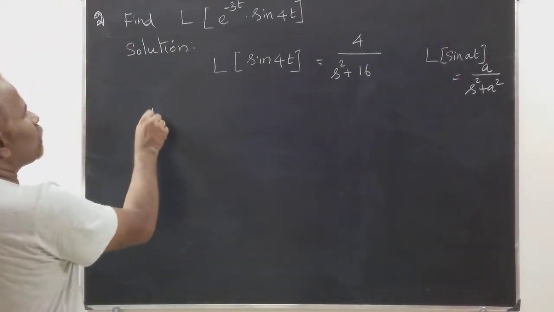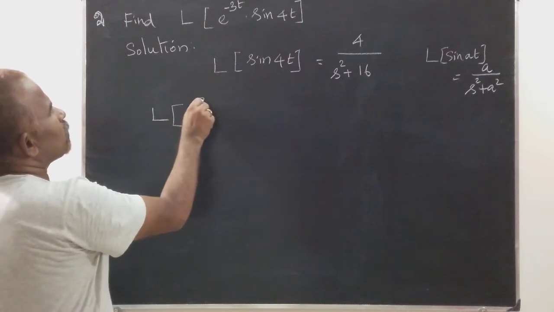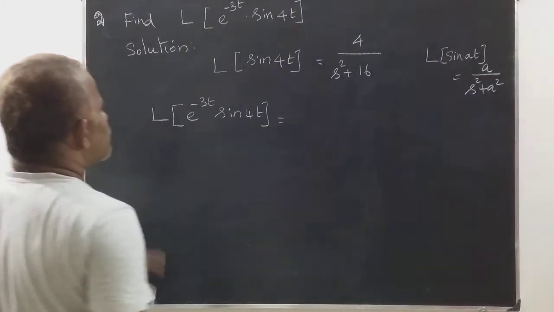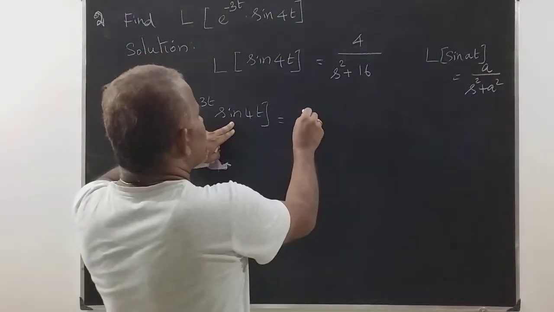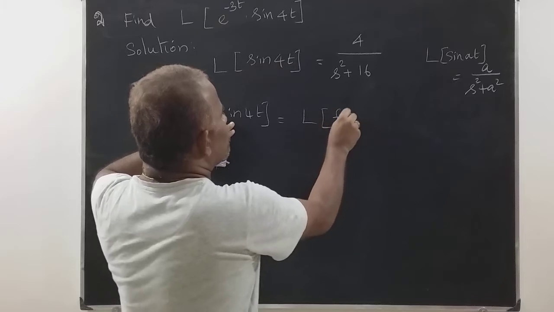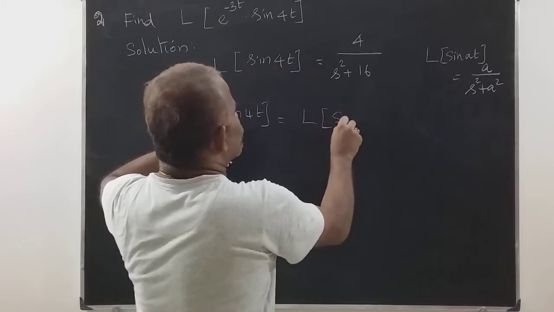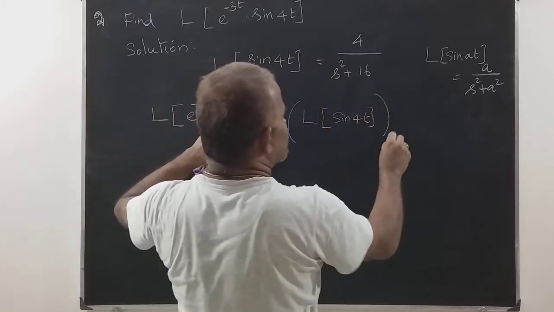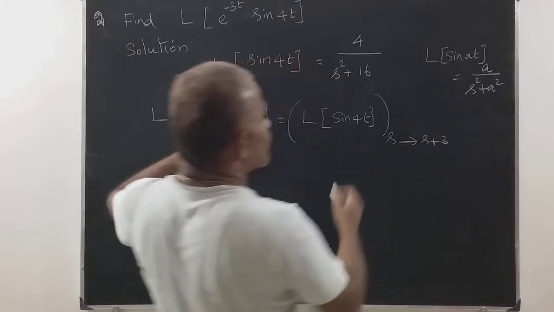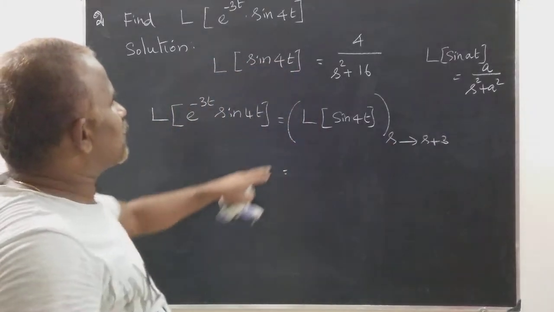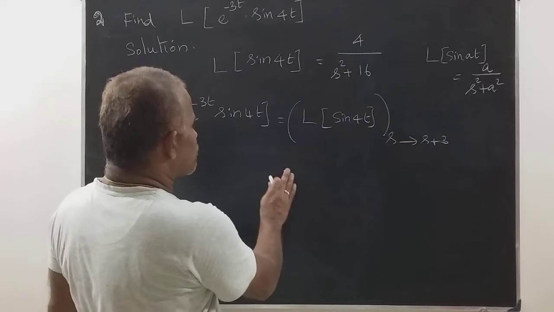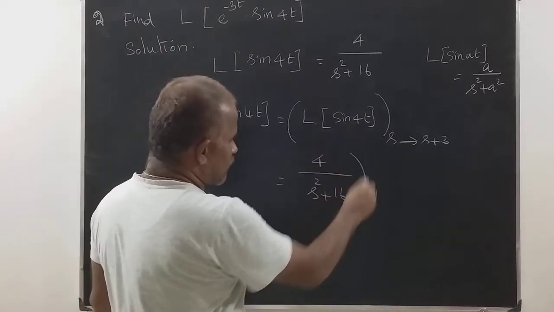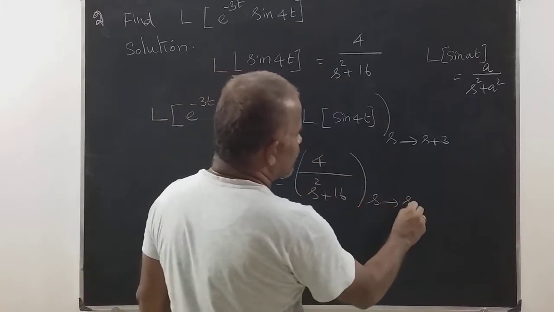So therefore L of e power minus 3t sin 4t is equal to L of f of t, that is sin 4t, where s is replaced by s plus 3. What is L of sin 4t? It is equal to 4 divided by s square plus 16, with s replaced by s plus 3.